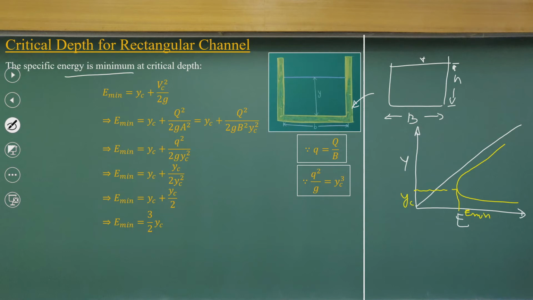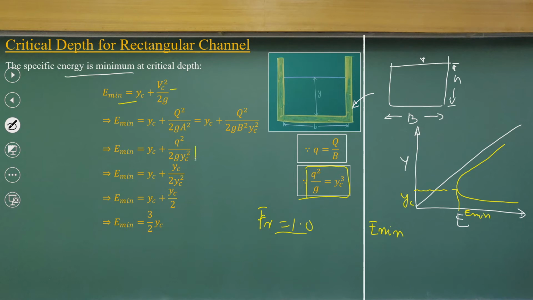It's a very easy part. You just compute the E minimum in terms of YC and VC, and substitute the relationship between the discharge and YC, which we get simply from the Froude number equal to 1. You will get this relationship.